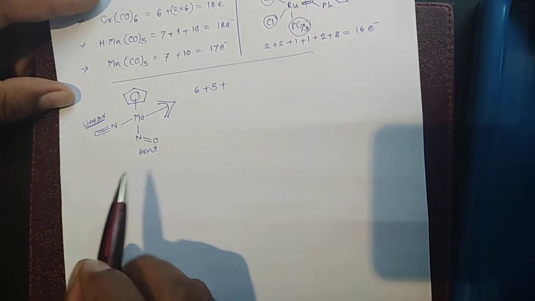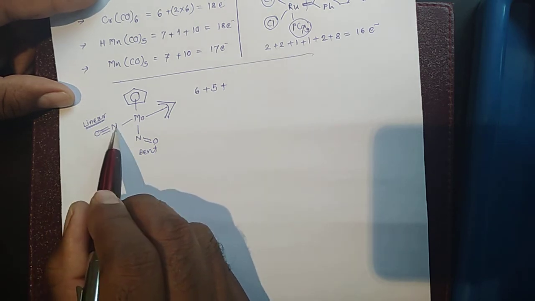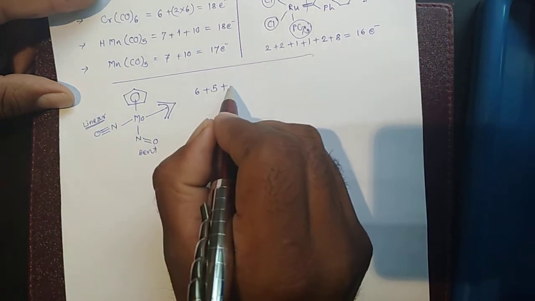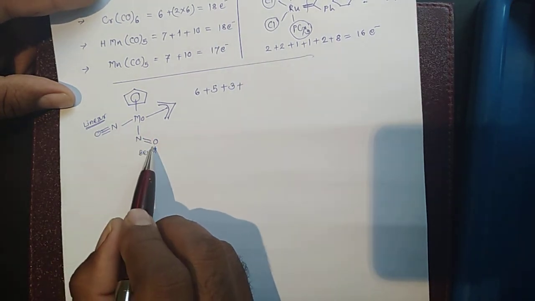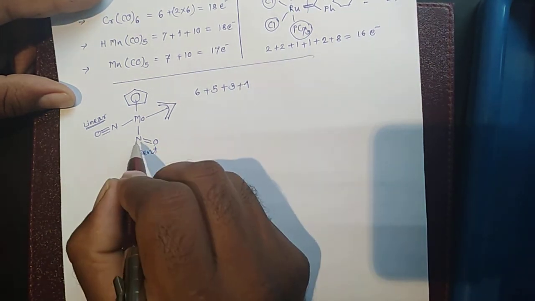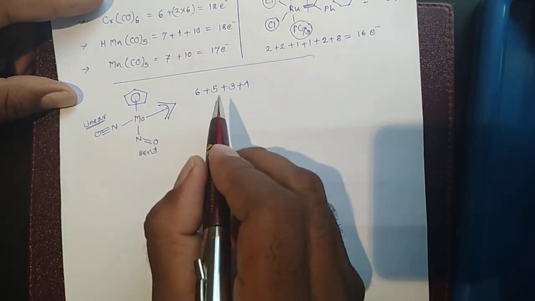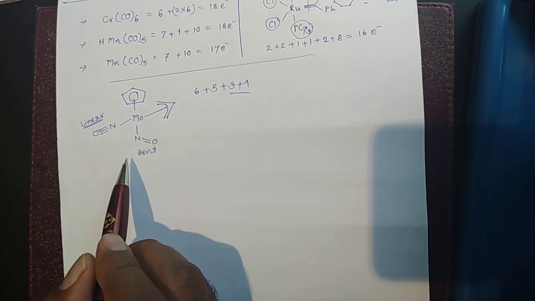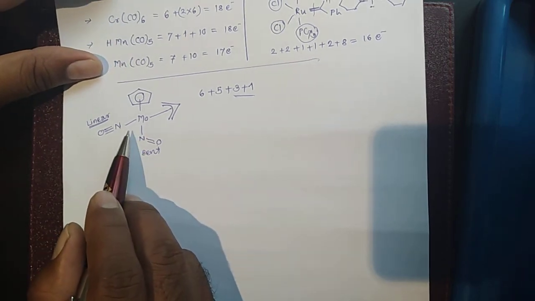Based on that, when the nitrosyl group is linear, it will provide 3 electrons, and when it is bent, it will provide only 1 electron to the metal. So we have to keep in mind the electron donating capacity of these two ligands.